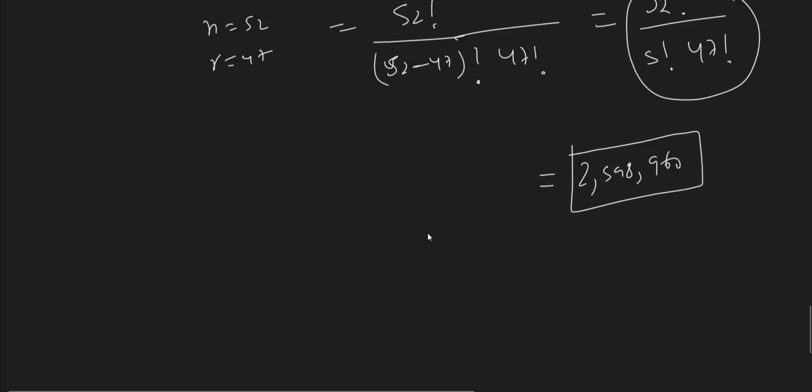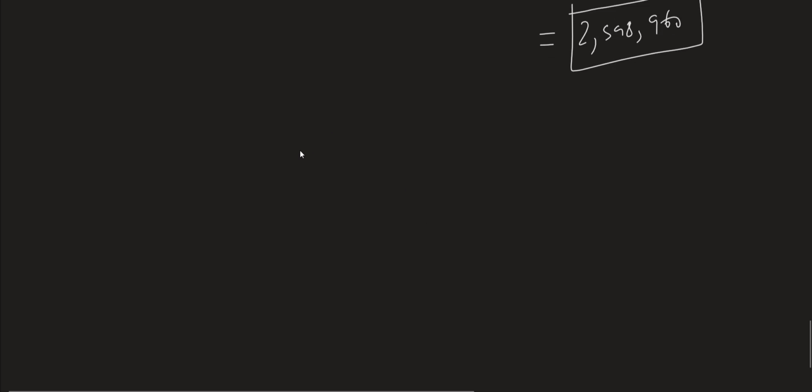Now to make sense of this, let's try to prove it. We know that in a generalized way, the combination C(n,r) is equal to n factorial divided by (n minus r) factorial times r factorial. Let's say we have C(n, n minus r).